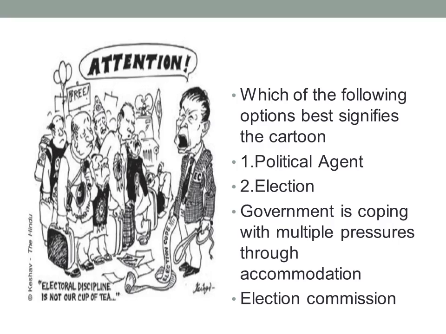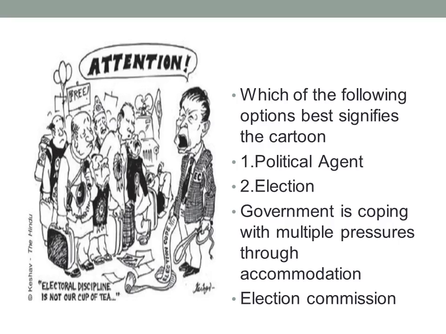Now this one is, as you can see, something related to elections, because it is written electoral discipline is not our cup of tea. It is on page number 86 from the chapter political parties. Now when you go through that, first of all, you will say electoral discipline is not our cup of tea.